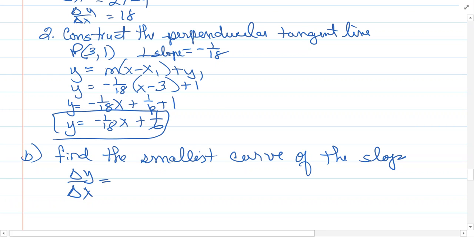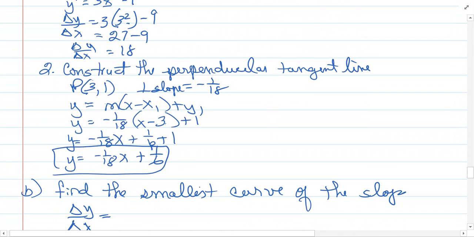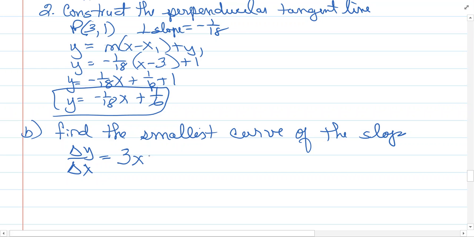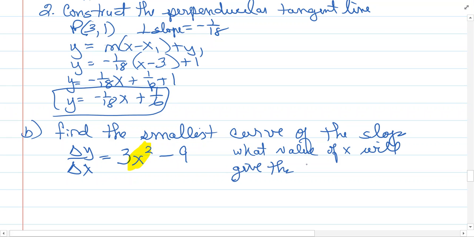And our derivative function said that I had the 3x squared minus 9. So what we're looking at is this guy right here. What value of x will give us the smallest slope?